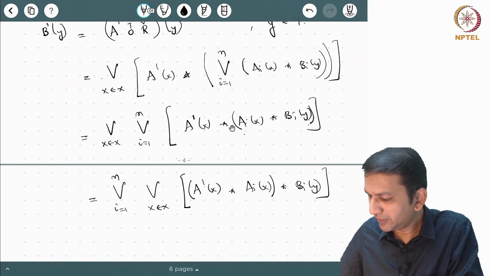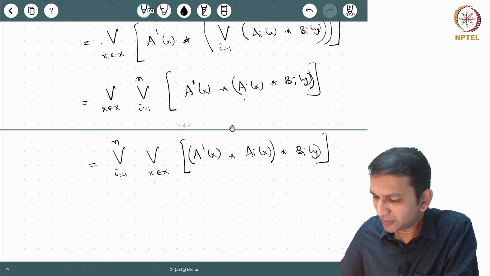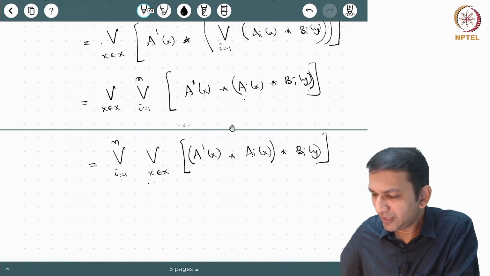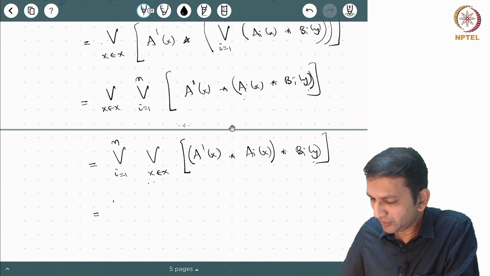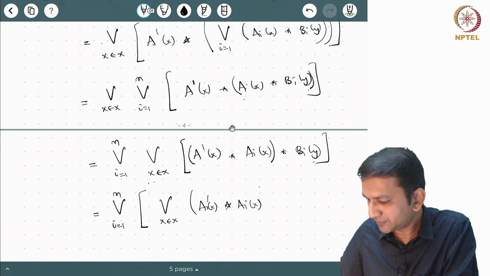By associativity, we can put the bracket like this also. Now, if you look at it, this is a disjunction, a supremum running over x. It has nothing to do with B_i because its argument is y. So we could also write this as i equal to 1 sup over x of A dash of x star A_i of x, star B_i of y.